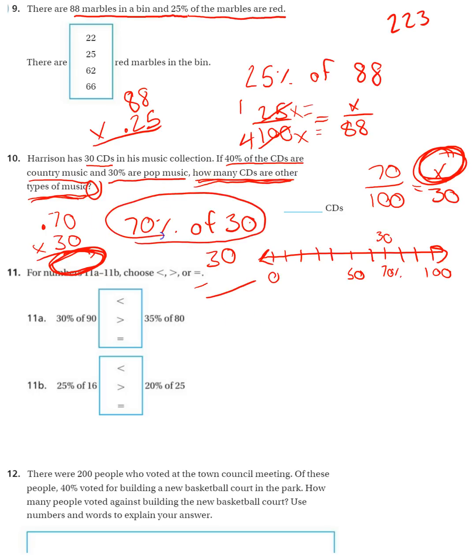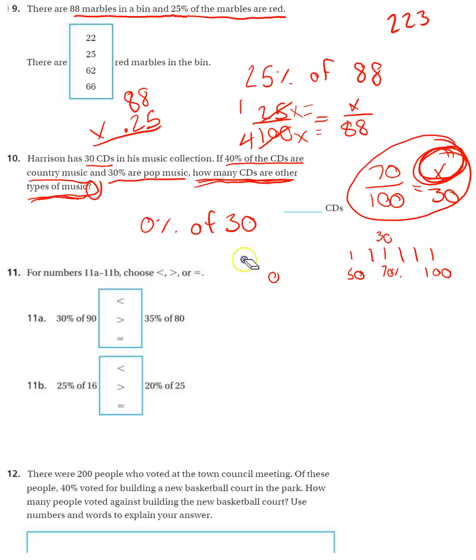And this math, or this math, is going to show you 70% of 30, but you actually need to find 30% of 30, which is where that subtraction would come into play. Or you can go directly and find 30% of 30. All right, so I'm going to let you do the math. I kind of set it up there for you, but if you need additional help, don't hesitate, raise your hand.